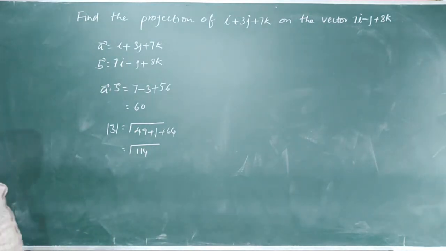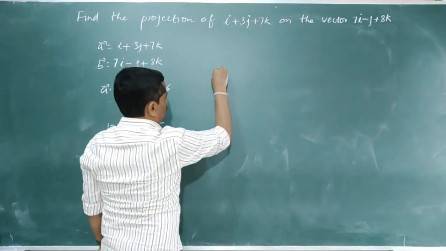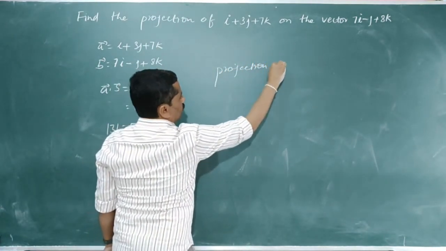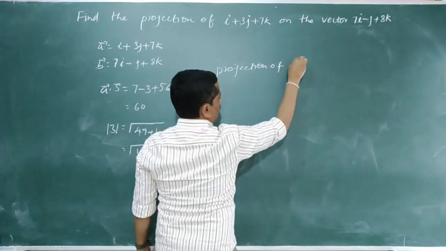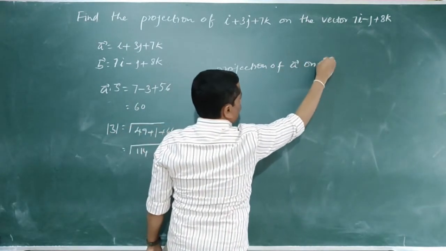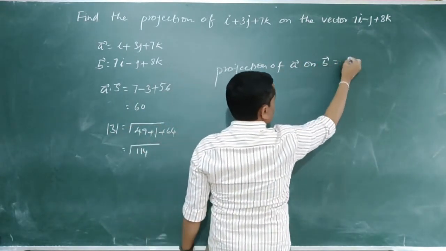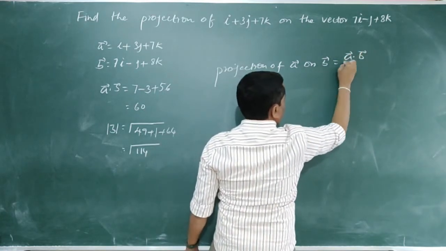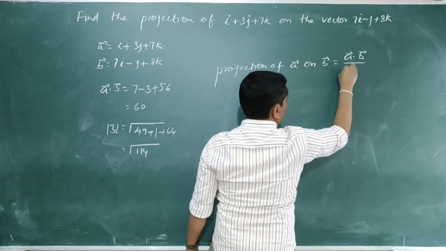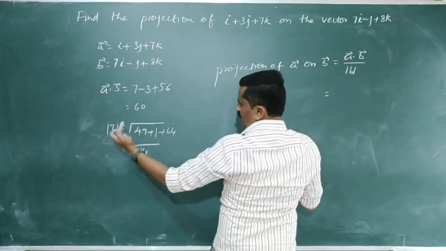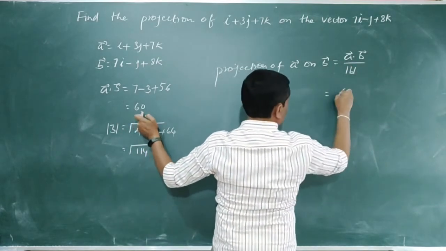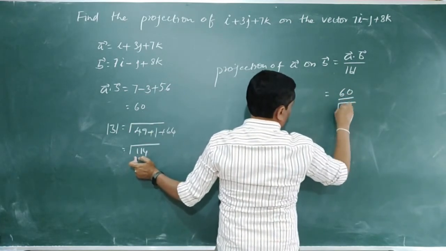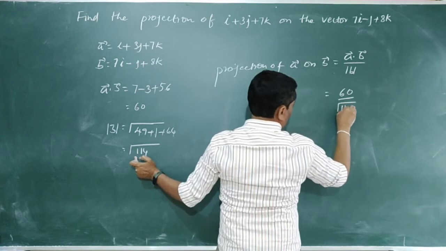Then we need to find projection. Therefore projection of first vector, that is a bar on b bar, is equal to a bar dot b bar divided by magnitude of b bar. Again that is equal to a bar dot b bar, that is 60, divided by square root of 114.